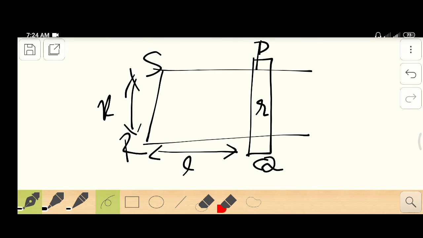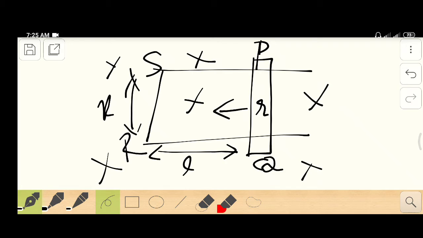You have a loop PQRS where only the bar PQ is movable, and the resistance of that bar PQ is R. If you move the bar PQ with the velocity V towards RS, there is a magnetic field acting into the plane.